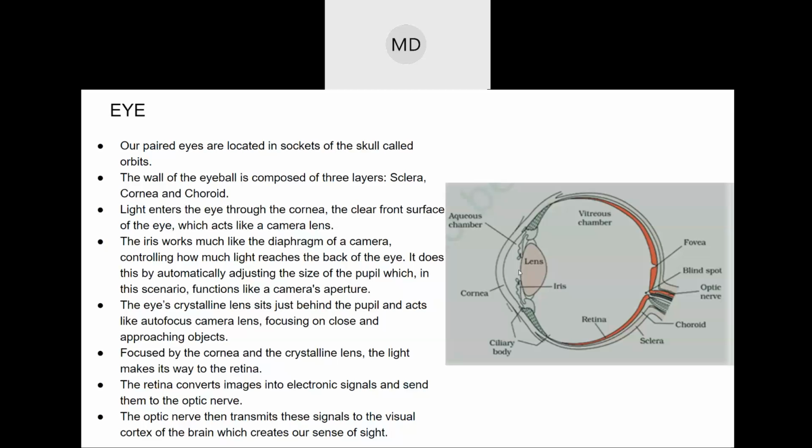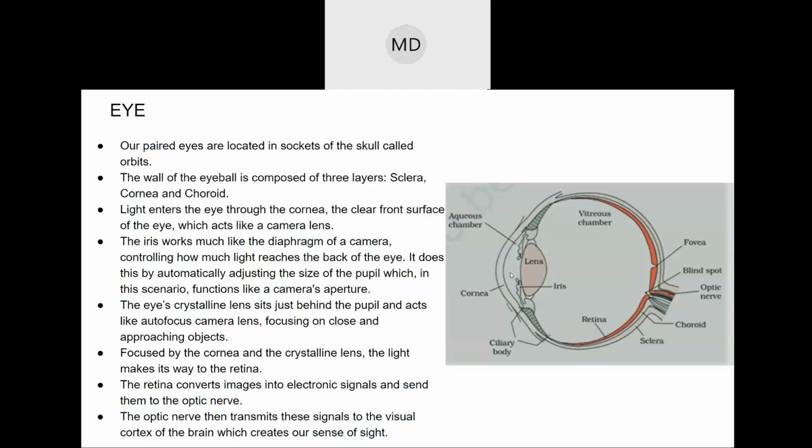It will move away, and this hole will be big. And whenever you go to a place where there is a lot of sunshine, or maybe you are looking directly at a light bulb, then what will happen? This iris will come closer. This one will come this side, this one will come this side.